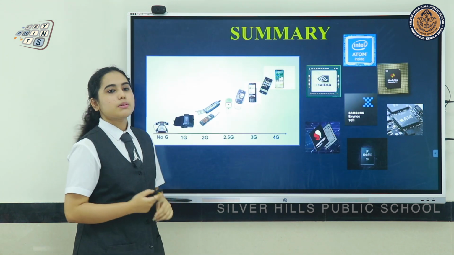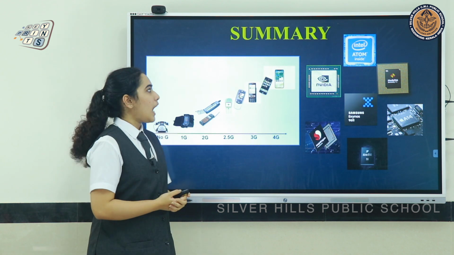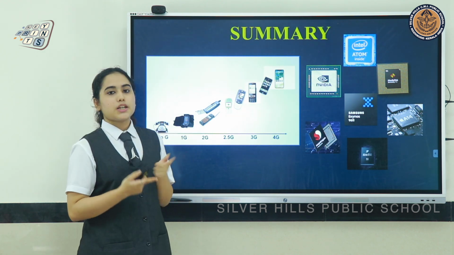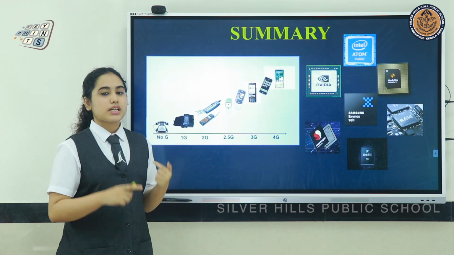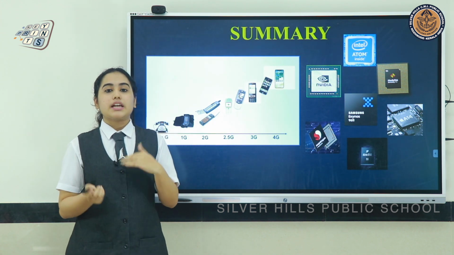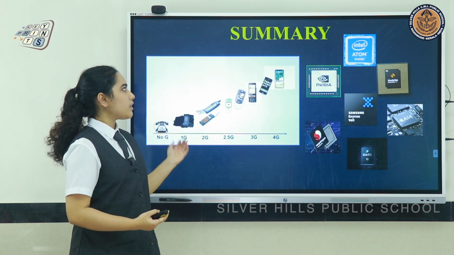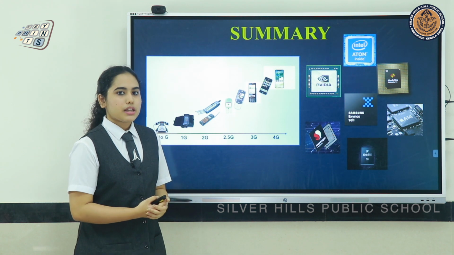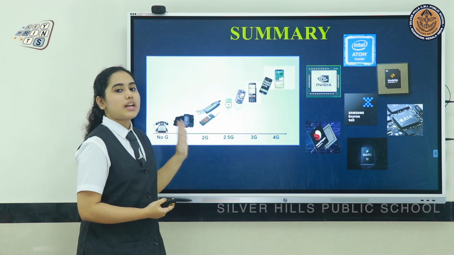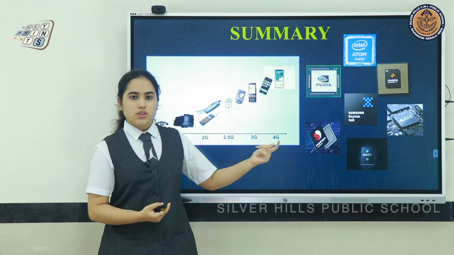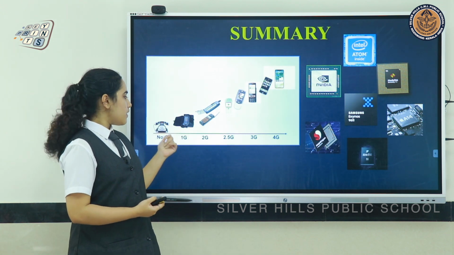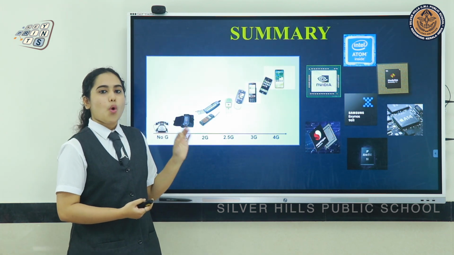Now with this I sum up my video, and in summary we first learnt about mobile telecommunication technologies, what they are, why we need this telecommunication, and we then looked at the different types of telecommunication technologies. We looked at 1G, 2G, 3G, 4G. Summing up their features, we learned that 1G was purely for voice calls.